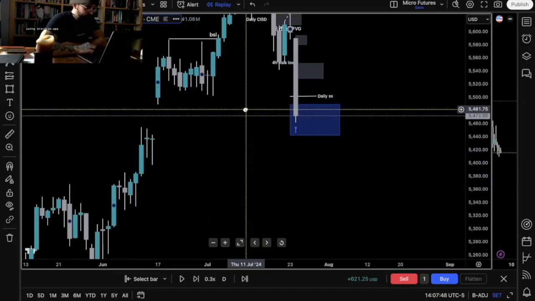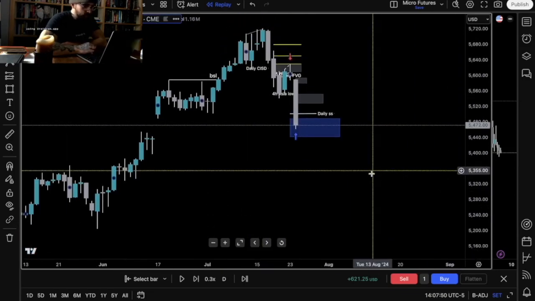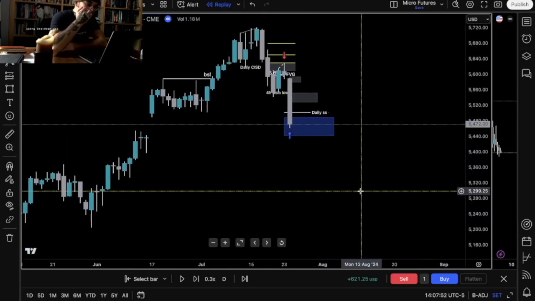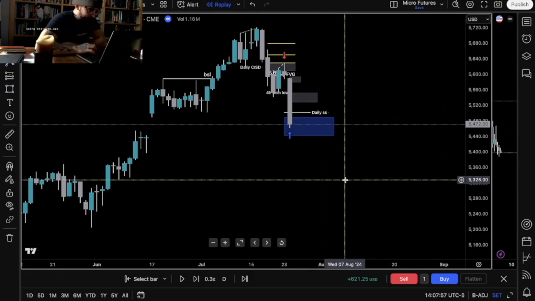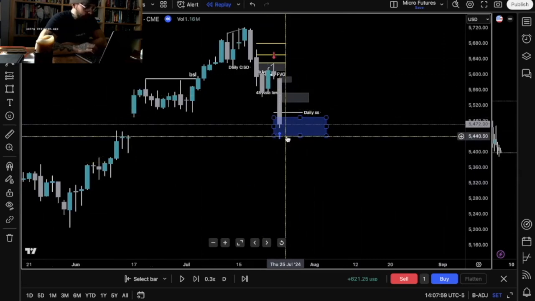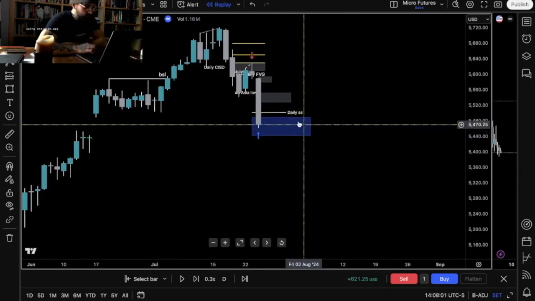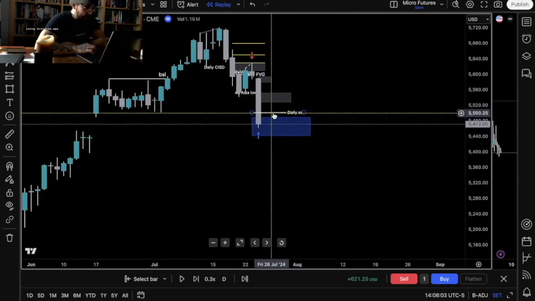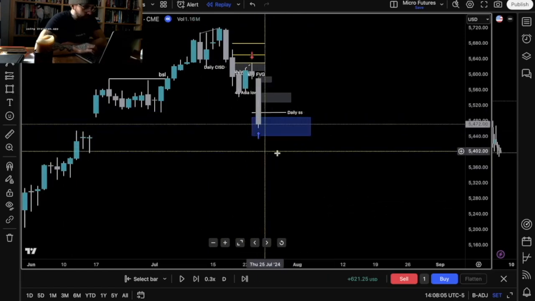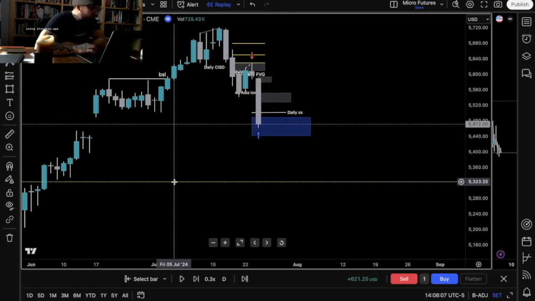Massive dump. Now the likelihood we find another swing trade within this week is slim, right? Because of where we are in the market. We took a daily level and we're rebalancing into a gap.